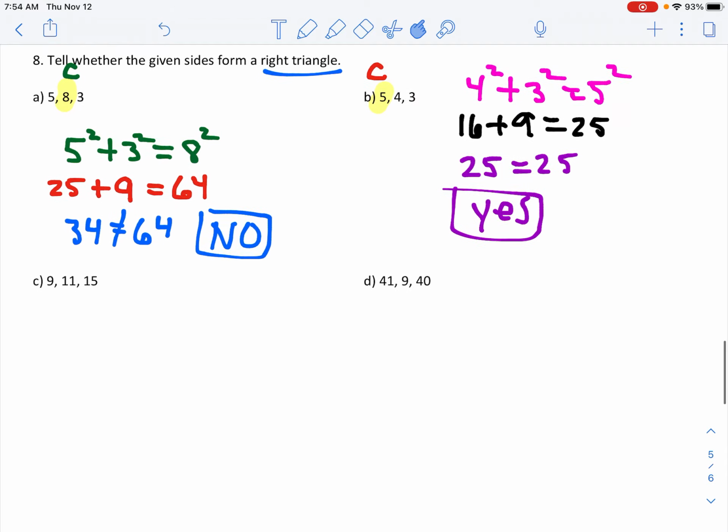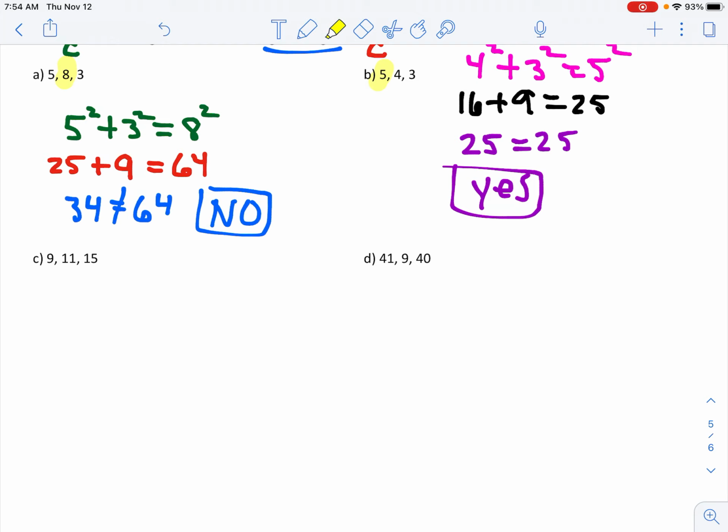All right, let's continue to C and D and check. Again, I'm going to highlight my biggest number so that I know that's my C. I'm going to take my A and B and plug them in, so 9 squared plus 11 squared should be equal to 15 squared.